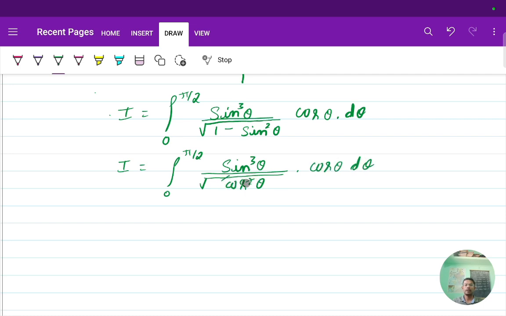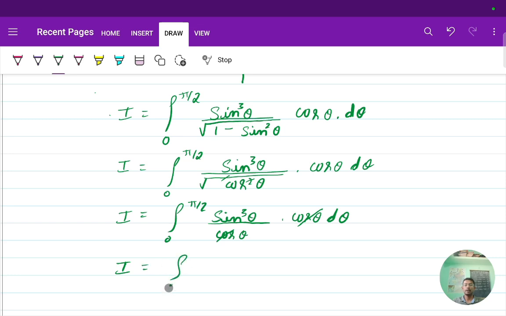The square and square root cancel. Here we have cos theta in the denominator and cos theta d theta in the numerator, so cos theta cancels. I is equal to the integration from 0 to pi by 2 of sine cube theta d theta.